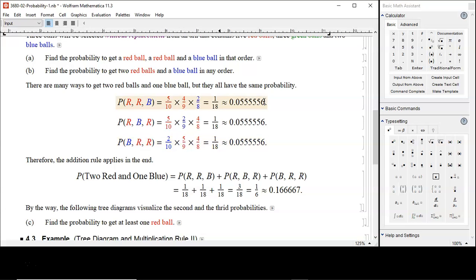Now please note that the result is all the same because multiplication is commutative. The denominator, 10, 9, 8, same. And the numerator, we have some change of order, but 2 red balls, so 5 times 4, 1 blue ball, 2, that doesn't change. So we have all the same thing here, here, here, and then if you add them all up, or equivalently multiply by 3, then you get what you want.